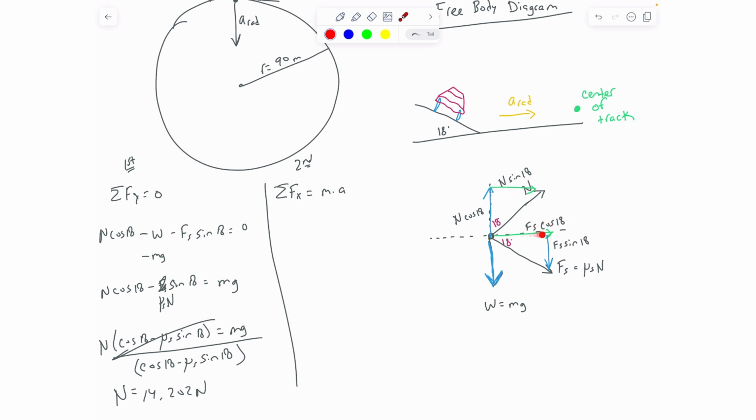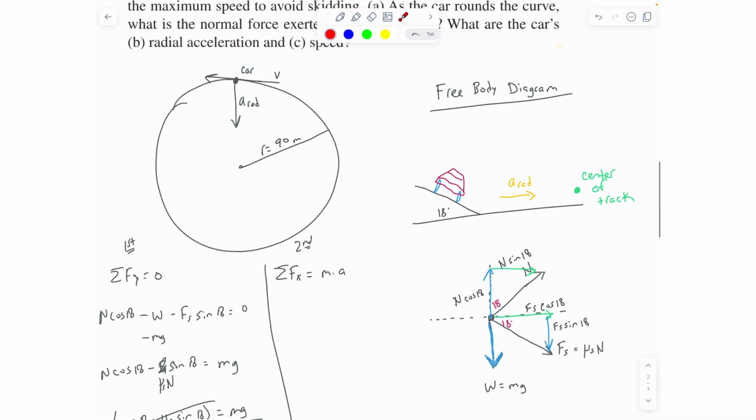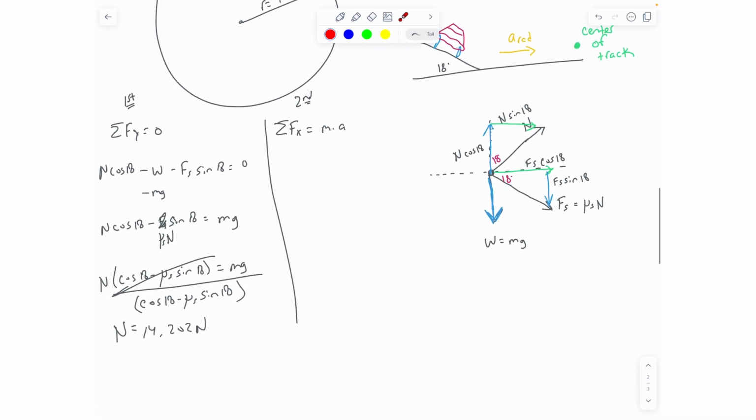So we have this plus this. Basically, this plus this equals the mass, which is 1,200 kilograms, and then we just solve for acceleration. Okay, so all we have to do then is say n sine 18 plus fs.